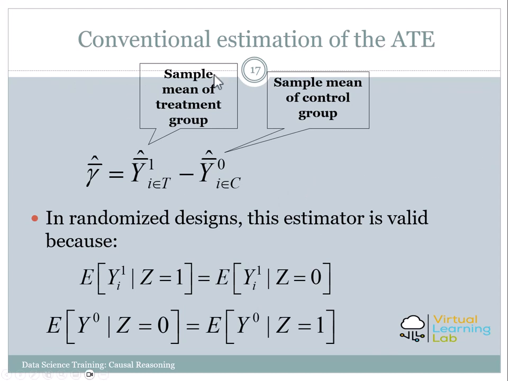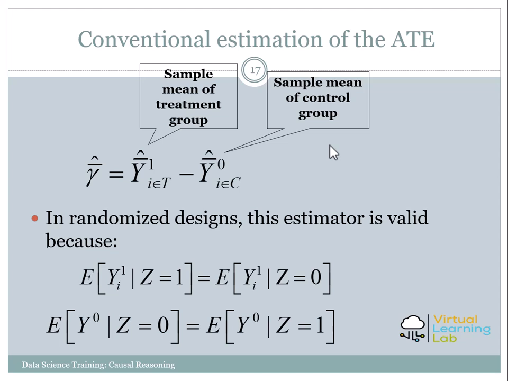In conventional estimation of the average treatment effect, the estimator is the difference between the sample mean of the treatment group and the sample mean of the control group. Now, whether this estimator is valid depends on the design.